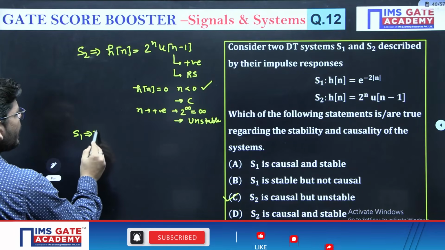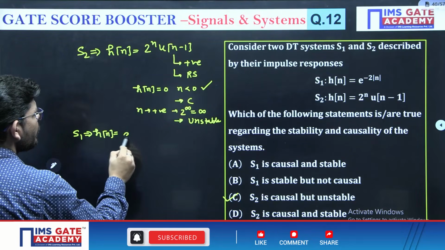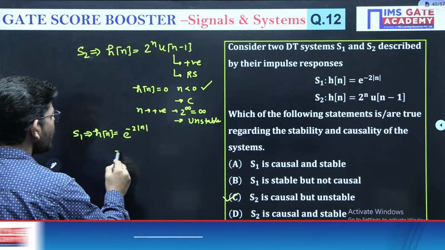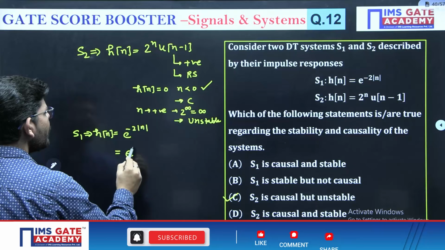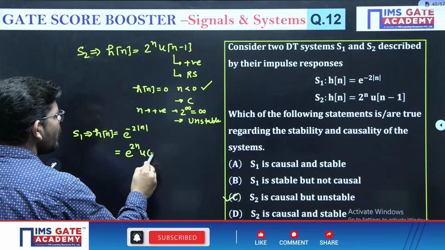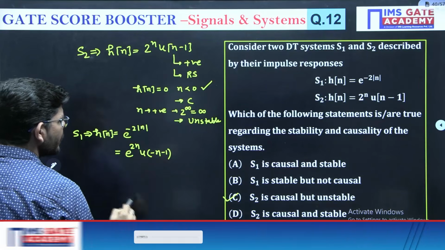What is S1? S1 is h of n equals e to the power minus 2 modulus of n. Whenever we have seen modulus, how to write it? When the modulus gives a negative result, it will be e to the power 2n, and the negative time in discrete time is written as u of minus n minus 1.